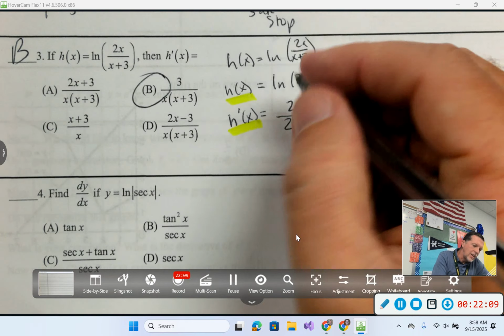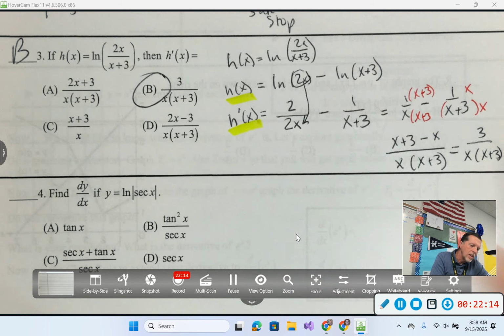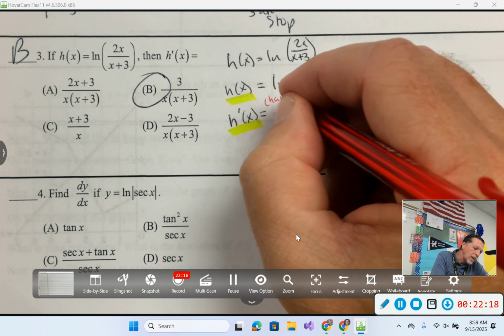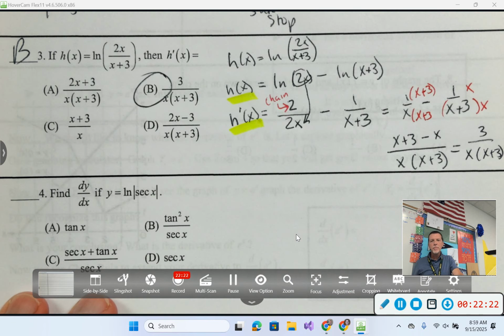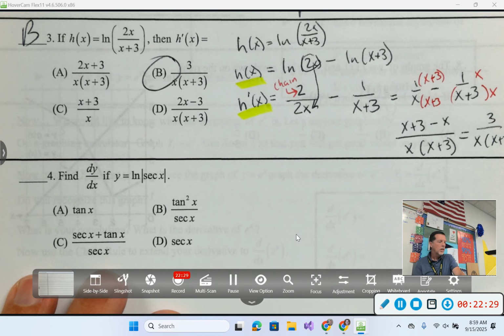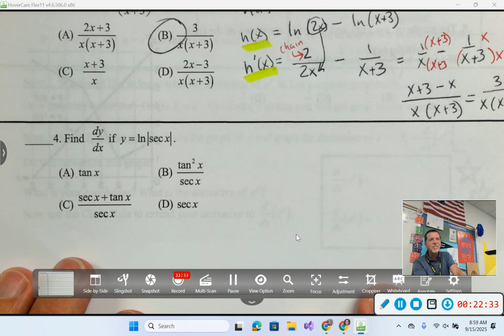Because, let's see, the derivative of natural log is 1 over the argument, but that top 2 is a chain rule thing, because the derivative of 2x is 2. Oh, natural log of the absolute value of secant of x?